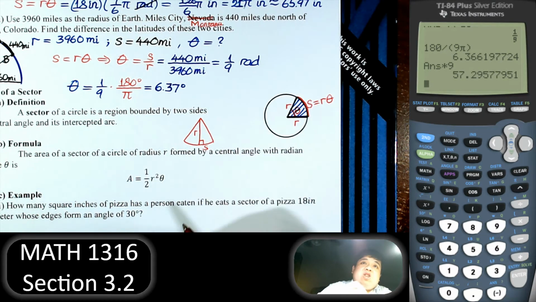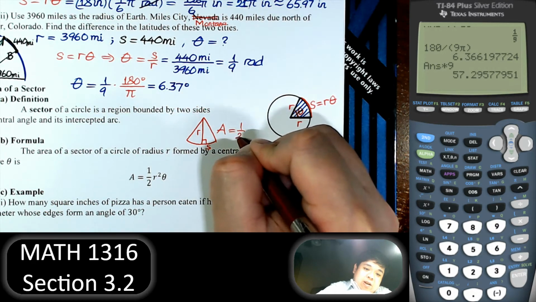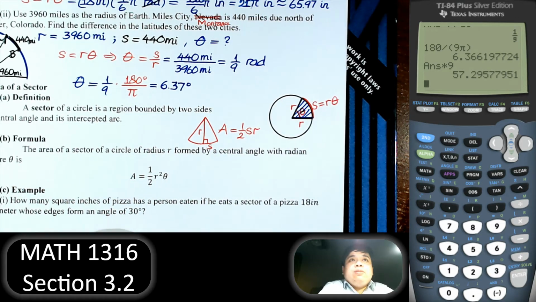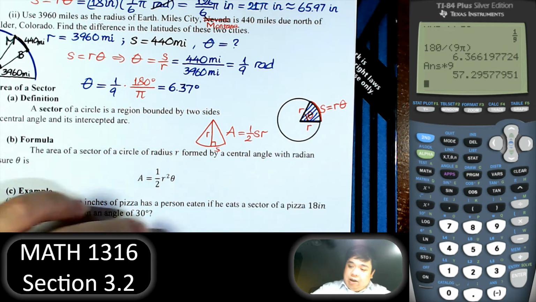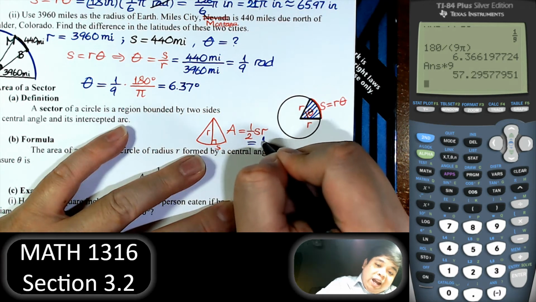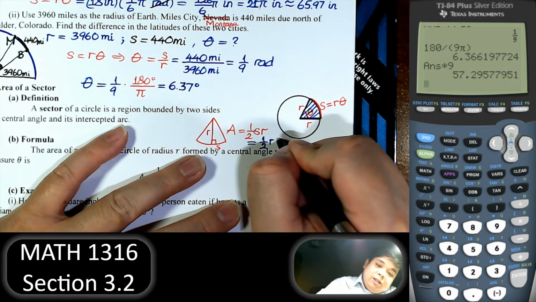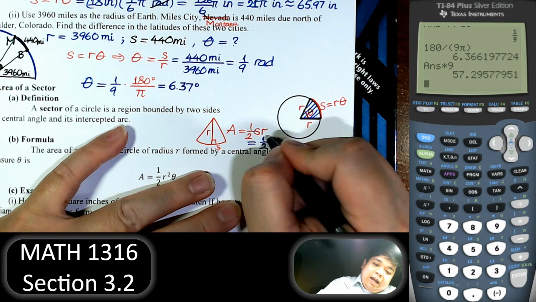And that looks like a triangle, right? And the area is 1/2 base times height. If you turn the sector around, it looks like a triangle. Now, 1/2 S, where the arc length is r theta, times r.